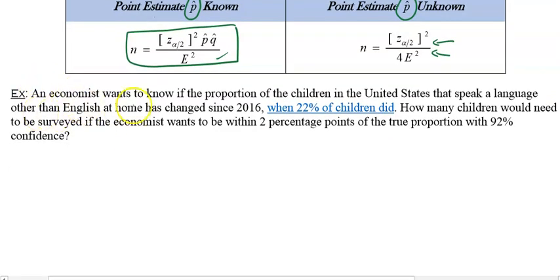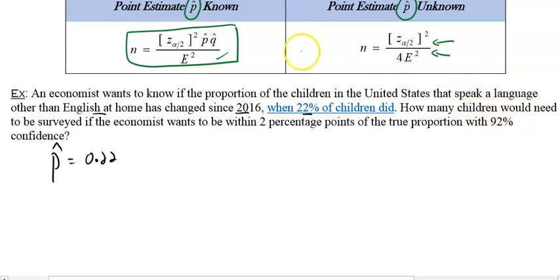So it says an economist wants to know if the proportion of children in the United States that speak a language other than English at home has changed since 2016, when 22% of the children did. So initially in 2016, 22% of the children in America spoke a language other than English at home.